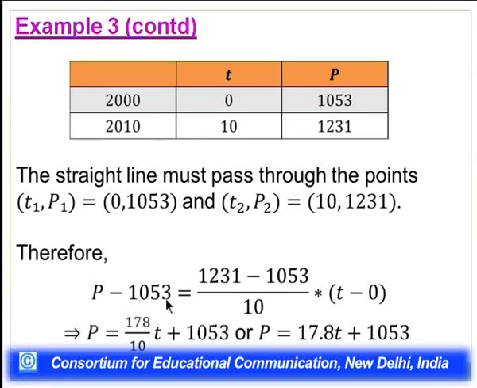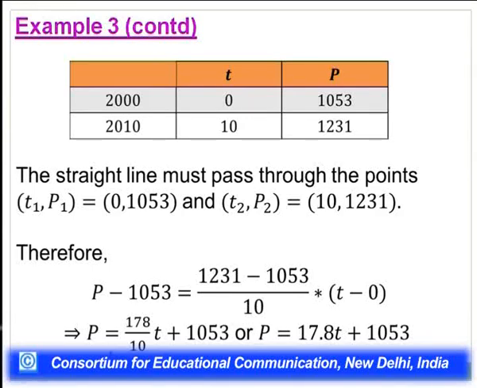That gives me my formula as P, because that's my Y variable. P minus 1053, I'm using this 0, 1053 as the point of reference. So P minus 1053 is equal to the slope, which is 1231 minus 1053, that is P2 minus P1, divided by T2 minus T1, which is 10 minus 0. So that's a 10, and that has to be multiplied by T minus 0.